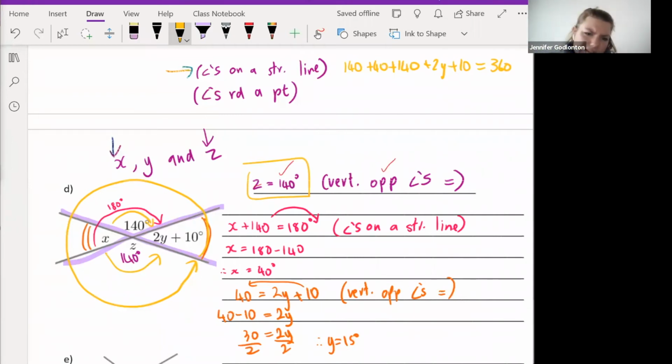Then you could have just gone straight into finding what X was. Okay, then if another number was opposite the other number and there was no 2y plus, were we gonna still do the opposite again? You would do it, yeah. You would do two vertically opposite, just like how we did 140. Oh, okay, thank you.